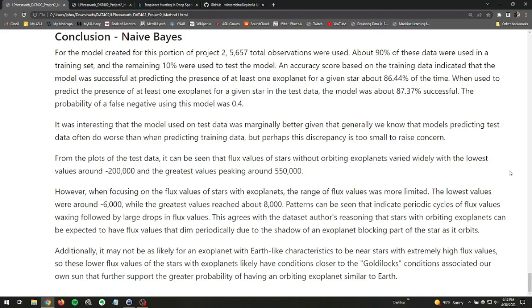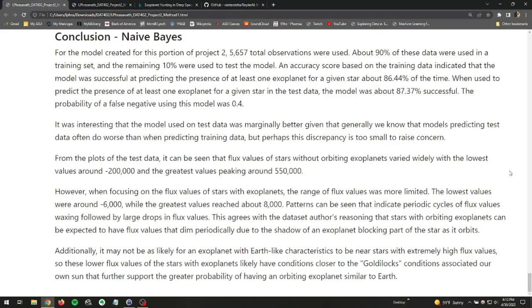And additionally, it may not be as likely for an exoplanet with Earth-like characteristics to be near stars with extremely high flux values, so it makes sense that all the stars that were classified to have exoplanets have these smaller flux ranges because these stars are most likely to have the conditions closer to our own sun, which means that the exoplanets orbiting these stars might have conditions closer to our Earth.